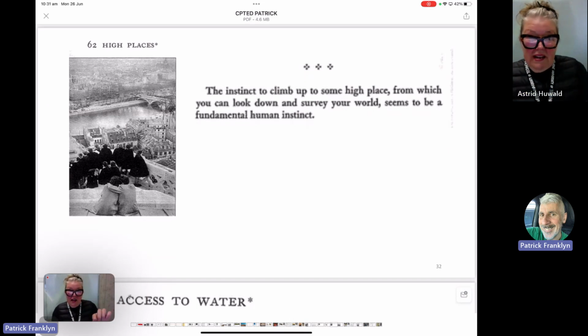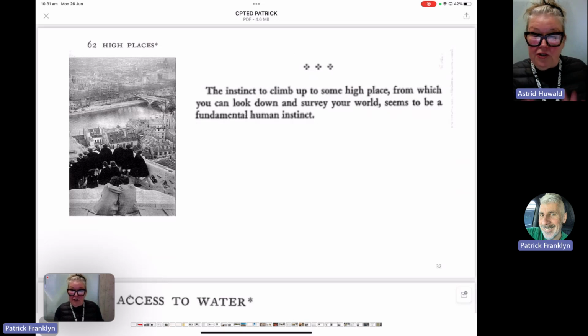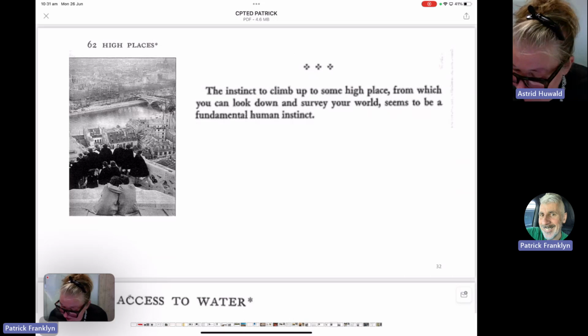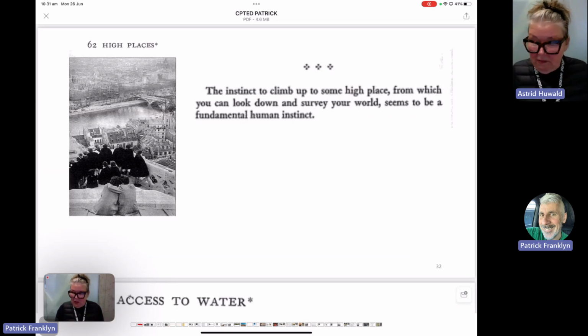Also, this pattern, so you can see the patterns have got numbers. The instinct to climb up from some high place and look down, survey your world, is a fundamental instinct. So in these flat landscapes, is there some reason that you can have a ramp going up or some sort of vantage point?